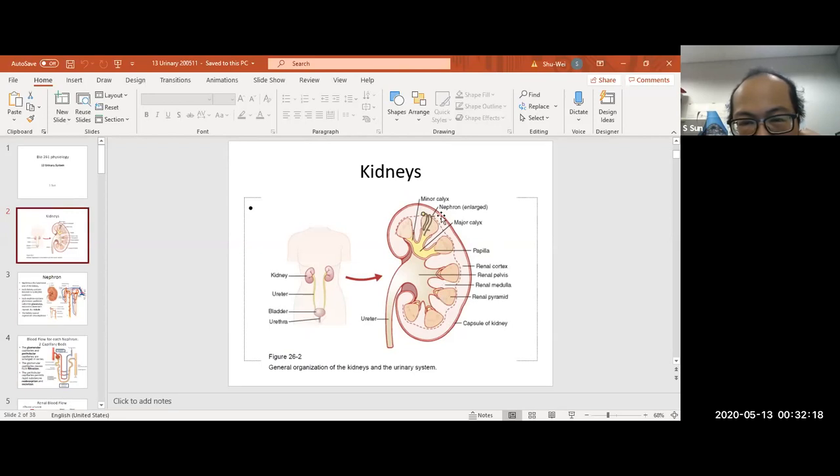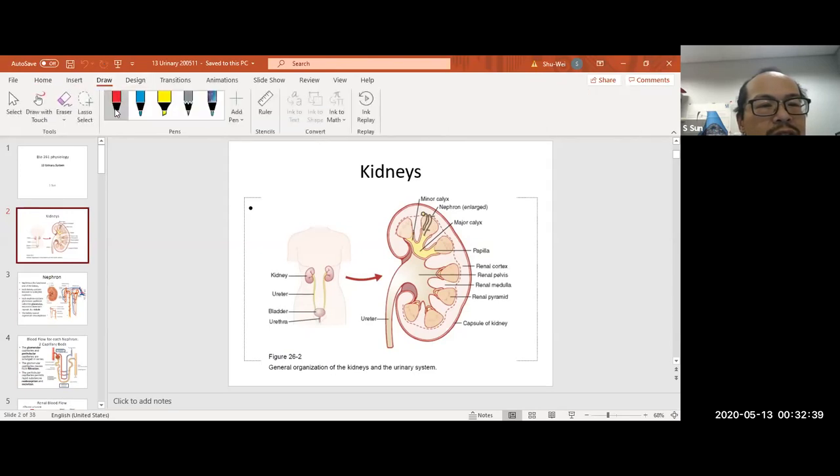In the kidney, the functional unit that processes or produces the urination is the nephron. So it's right here. The nephron is the key that generates this urination. Let me see, drawing, okay.